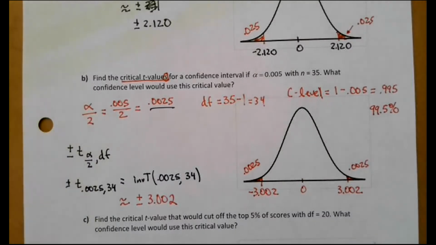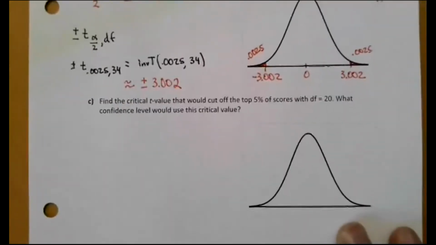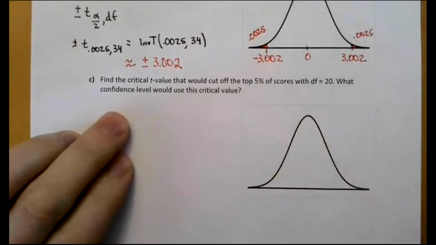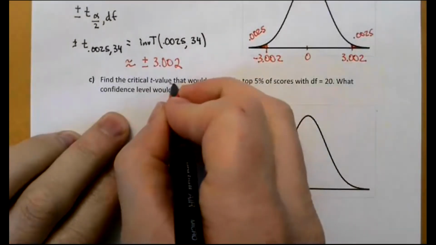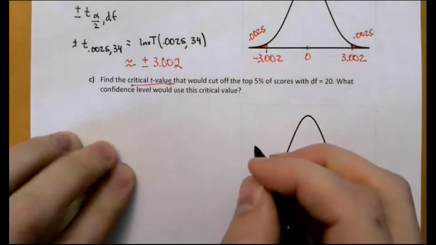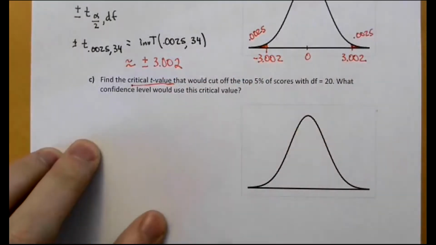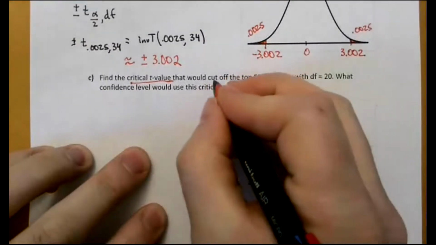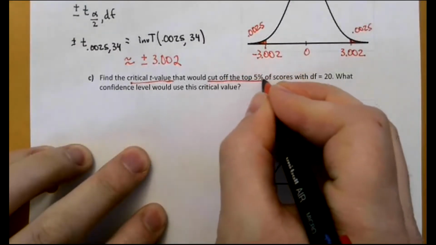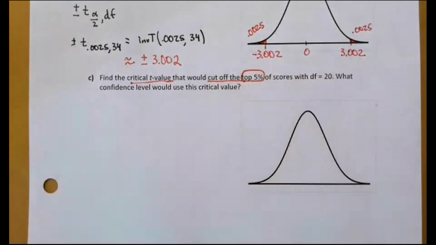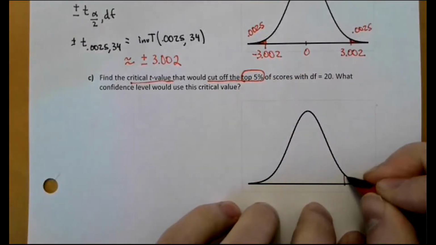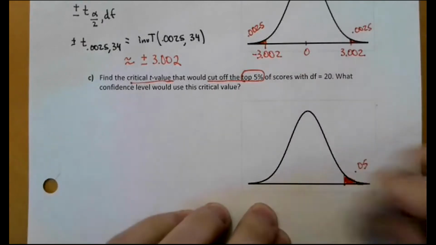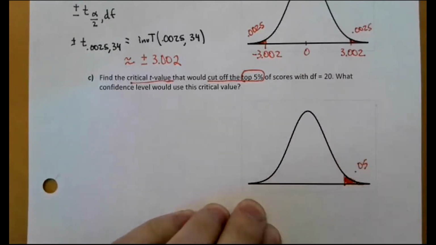All right, last one. So now we're going to find the critical t value. Note this is singular. So we just need one critical value, and we have to figure out which one it is. They said that would cut off the top. Every example we've done is the top, right? So the top 5%. Now the key to note here is that that is the half alpha already.